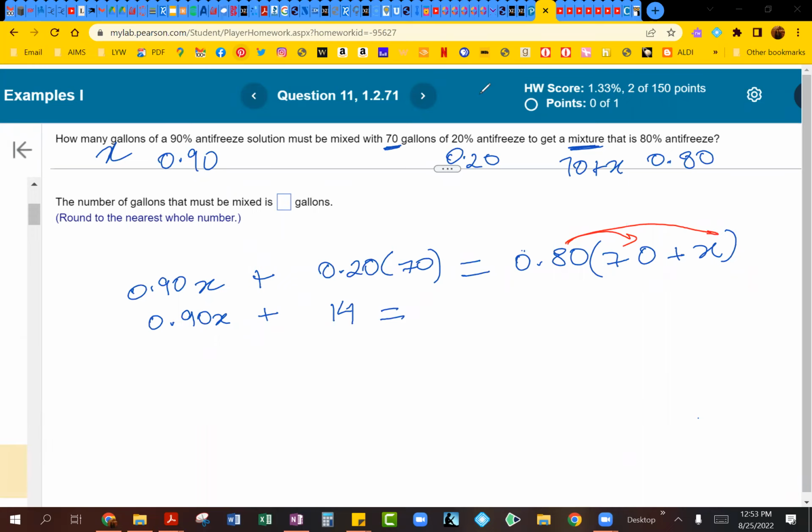So 0.80 times 70, what will that give us? Plus, of course, your 0.80X. Okay, get your X on one side, get your constant terms on the other side, and let's see what your X value comes out to be.